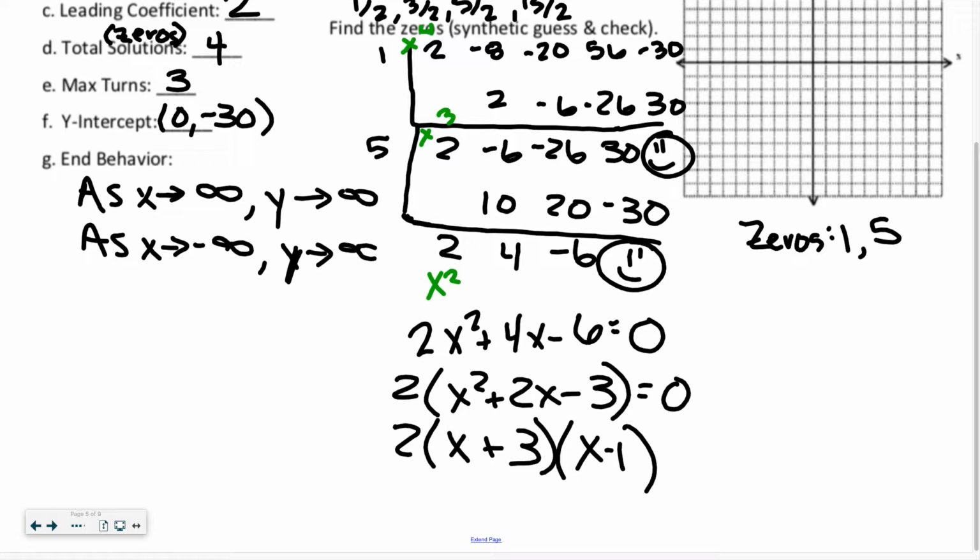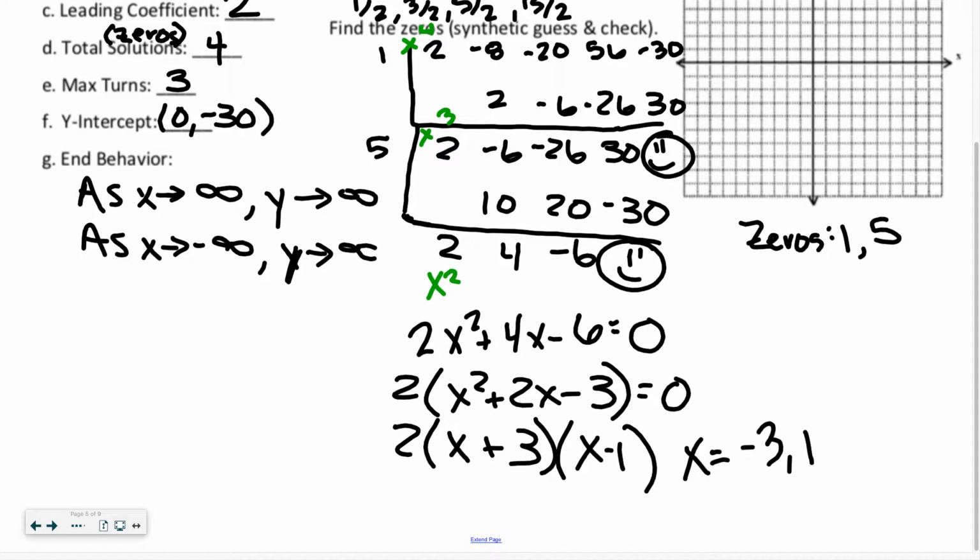Alright, so then that's gonna produce 2 more zeros, right? X equals -3 and +1. Okay, here's something interesting. Isn't 1 already on our list? So what does that mean?